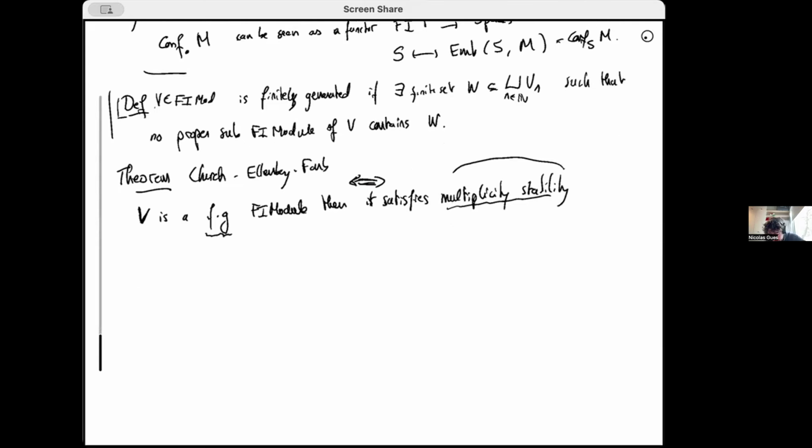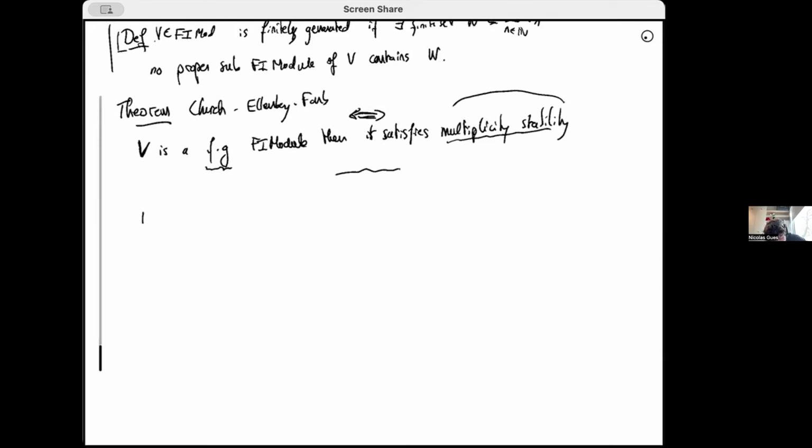So now I'll state the kind of things I'm going to prove. The thing I'm interested in is not the cohomology groups of configuration spaces, but rather the homotopy groups.